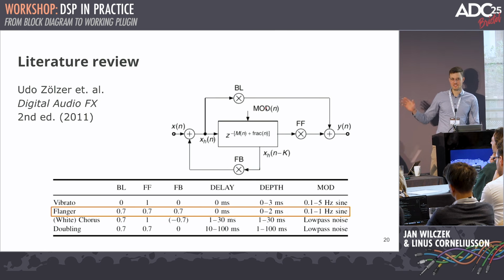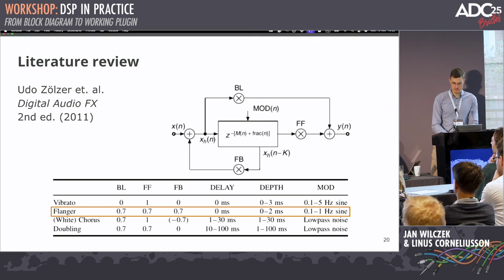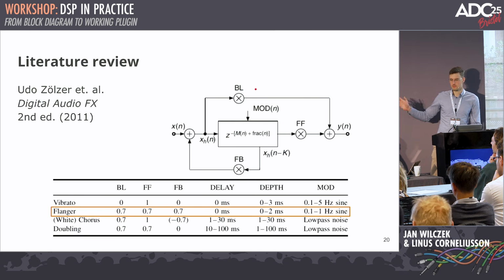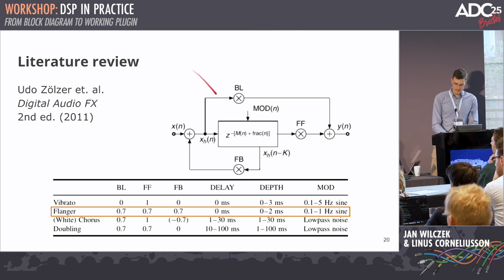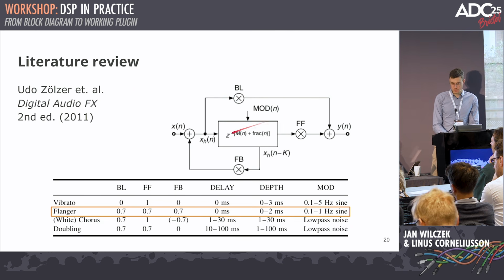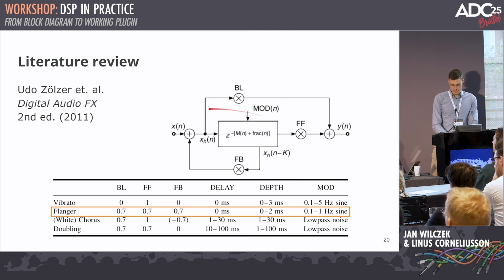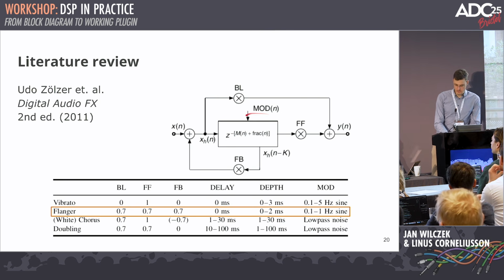right? It's just, what does a cross mean? Like here, it's multiplication, but in a different diagram, it may mean something else. So there should always be a textual description. And for me, especially this notation here in the rectangle, I guess it is a delay, right? But what does it actually mean? It's not very clear.